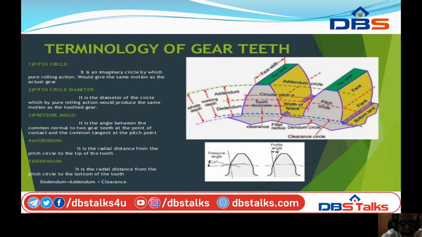You can see here, at the top there is an addendum circle. Under this addendum circle there will be a pitch circle, which is the imaginary line. And at the bottom, this is the dedendum circle.